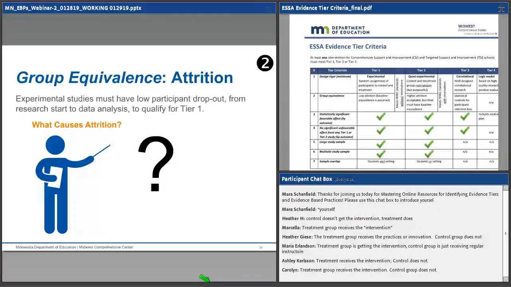So group equivalence, we know that to meet tier 1 for this particular criteria, criteria number 2, a study has to have low attrition. So all that means is that a study has low participant dropout from the time that the research starts to the data analysis in order to qualify for tier 1, right?